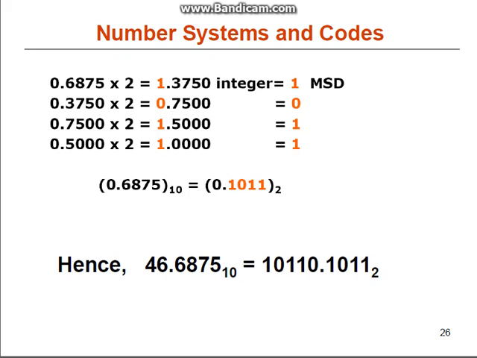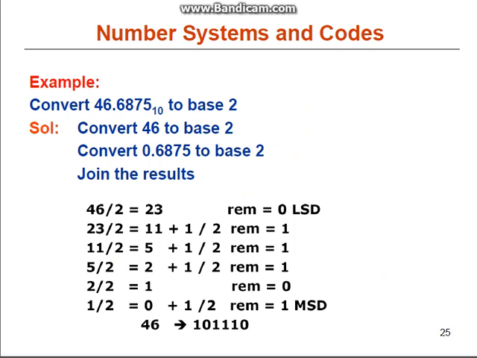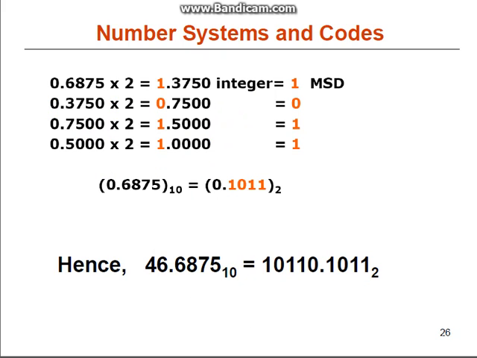When do you stop? You repeat the whole process up until you get 1.0. That's when you know you stop. Just like with the integer earlier, where you stop when you divide and get 1, here with a point form you multiply and stop when you get 1. But the difference is that for 46 you take from bottom up, whereas for the point form you go from top to bottom.